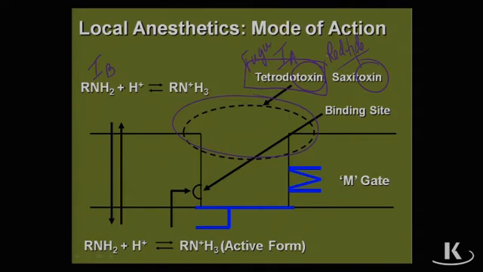So if ever you see mention of tetrodotoxin, which I'm going to call TTX, a tetrodotoxin-sensitive ion channel, then know that what is meant by the physiologist is that this is the classic voltage-dependent sodium channel.